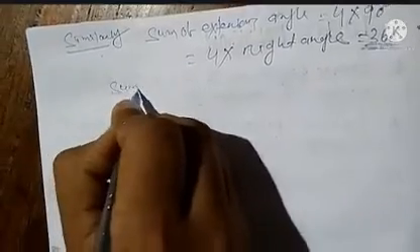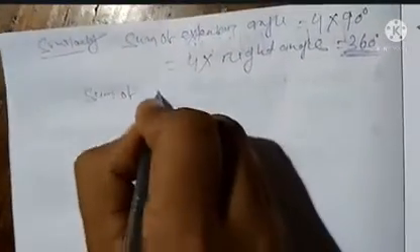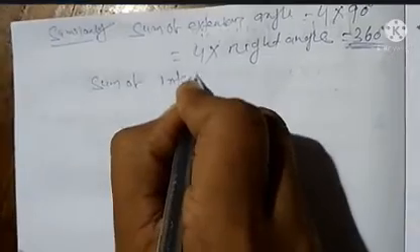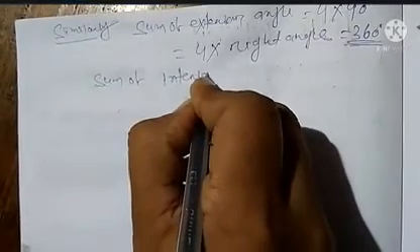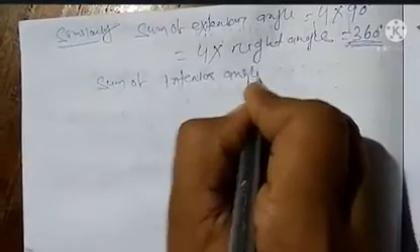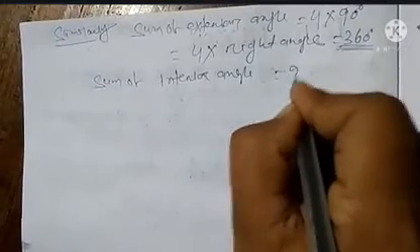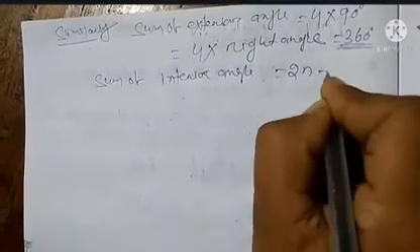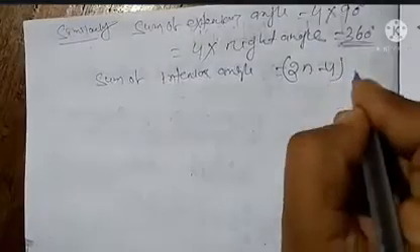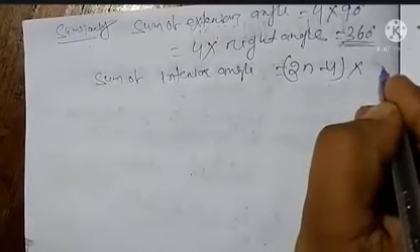Similarly, sum of interior angle formula is 2 into n, 2n minus 4 multiply with 90 degree.